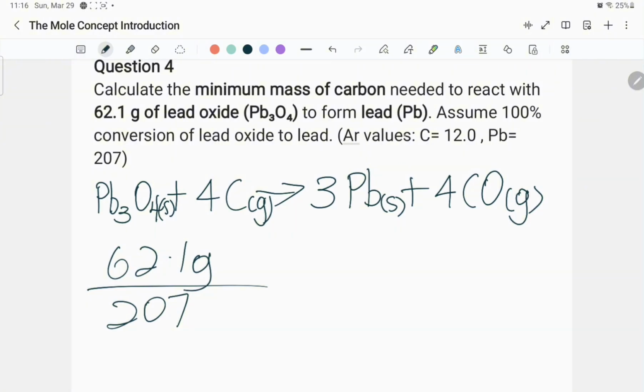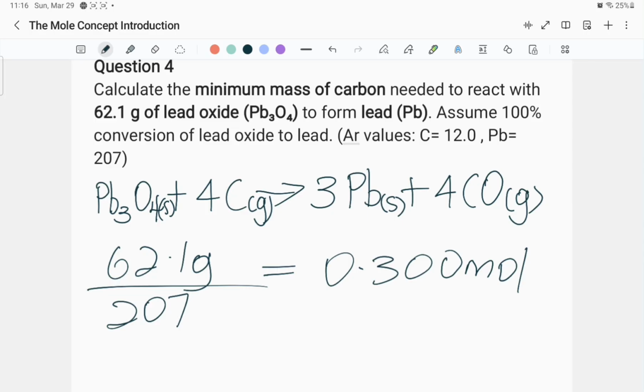It is stated in the Ar values. So now that will equal 0.300 moles. All right.